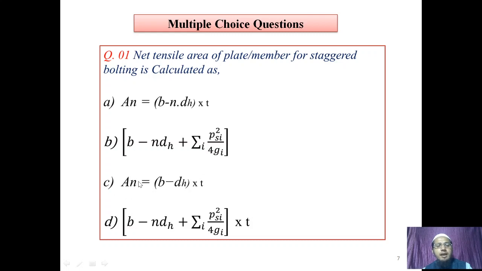Option C, A_N equals in bracket B minus D_H into T. And option D is in bracket B minus N D_H plus summation of P square by 4 G_i whole into T. Now can anyone answer this? You can answer. We have just discussed.